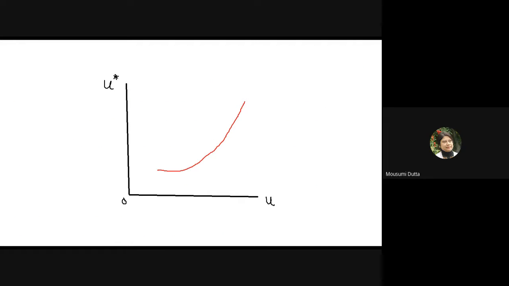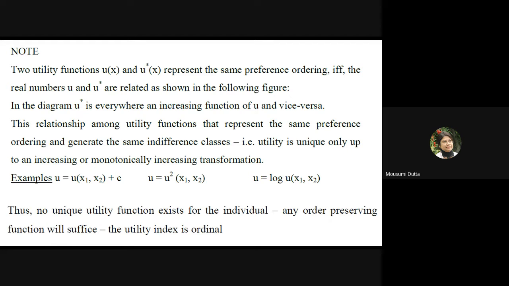So this is the diagram. The two functions U and U star are both functions of x. If they are related in this way, one is an increasing function of the other, they are indicating a similar kind of utility.